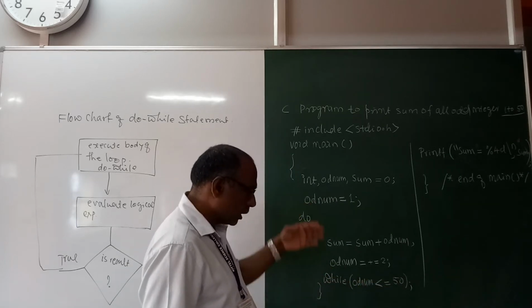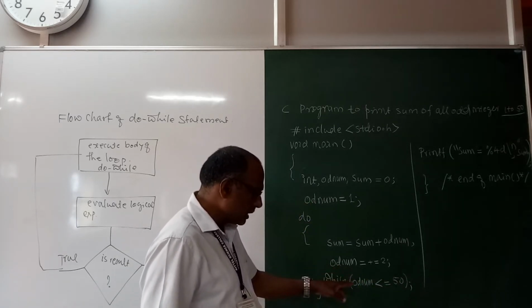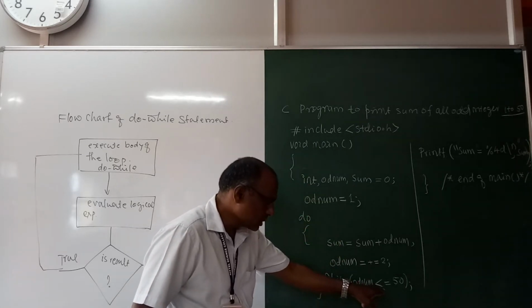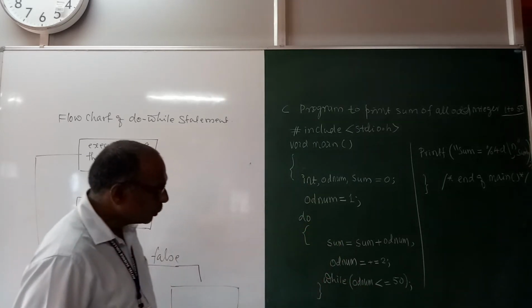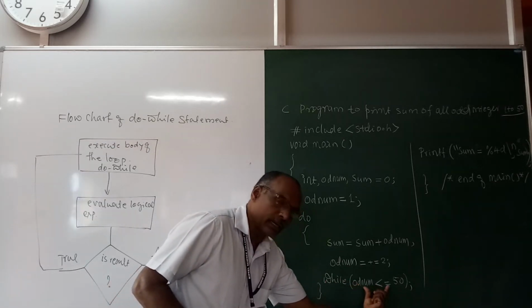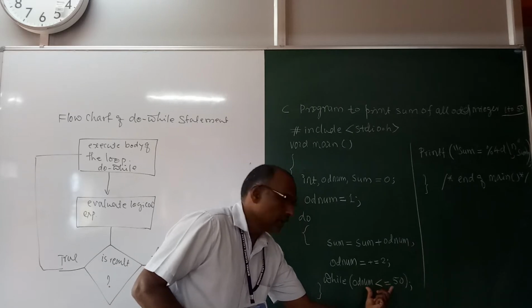So for every odd number between 1 and 50, it will run a finite number of passes. The loop will gracefully terminate after this statement is false.